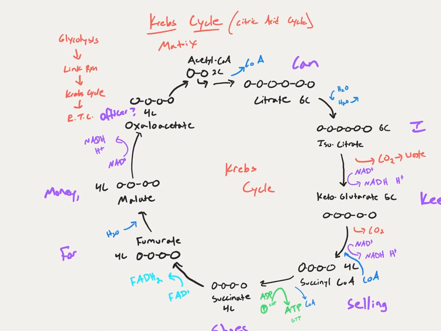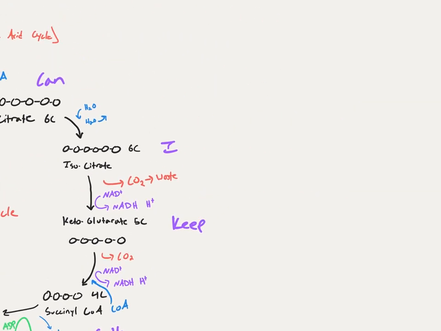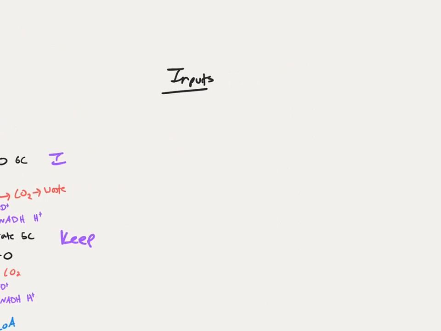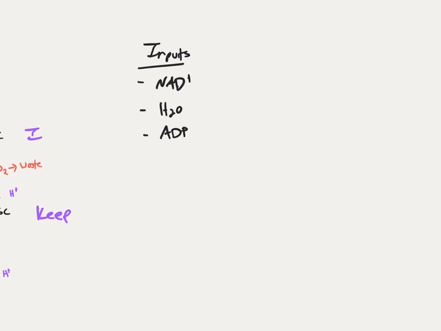All right, so let's identify inputs and outputs. What do we have for some inputs? NAD+. What else? H2O. ADP. FAD+. CoA.